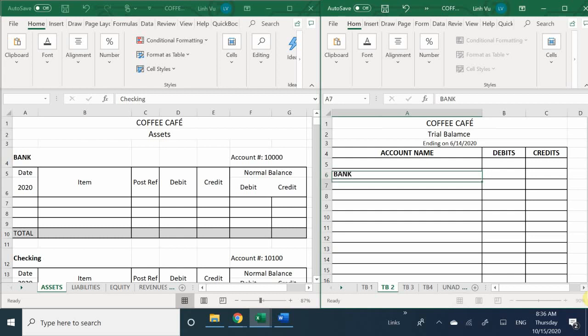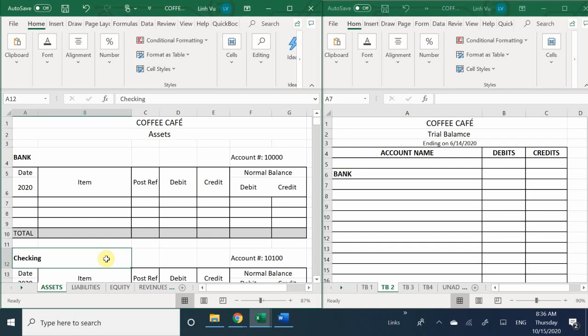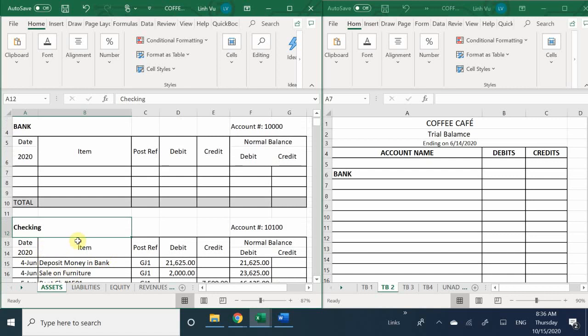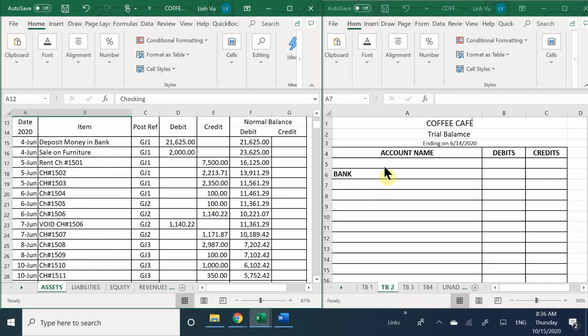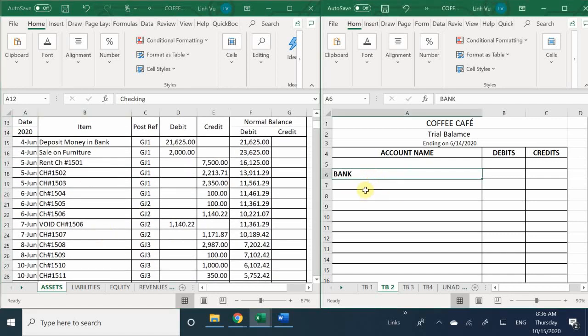Since the main account doesn't have an actual total or tally, this is what I'm going to tell you to do. For the next trial balance, I want you to see if you can do main accounts only. That means each sub account's total will be added up to make up the main account.